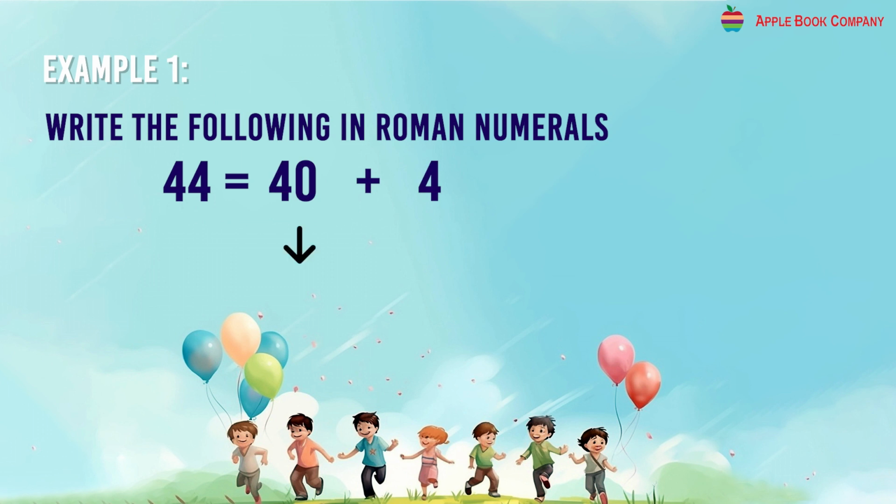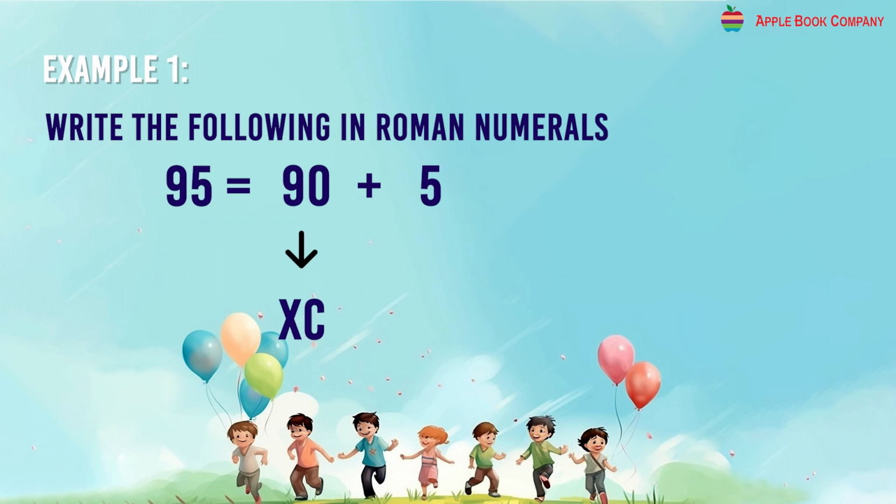Next, 44 can be written as 40 plus 4. 40 can be written as XL and 4 is IV. Therefore, the Roman numeral is XLIV. Next, 95 can be written as 90 plus 5. 90 is XC and 5 is V. The answer is XCV.